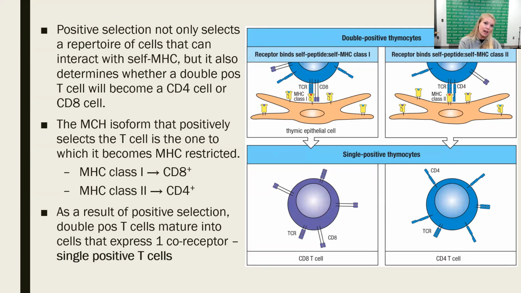If a T cell interacts and recognizes self-MHC class 1, the T cell is destined to become a CD8 positive T cell. If the T cell interacts with antigen in conjunction with MHC class 2, then the CD4 receptor is the one that's binding, and that cell will end up becoming a CD4 positive T cell. And at this point, it's going to shed the co-receptor that it isn't selected for and become a single positive cell.